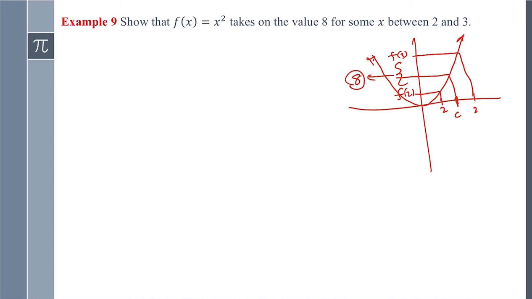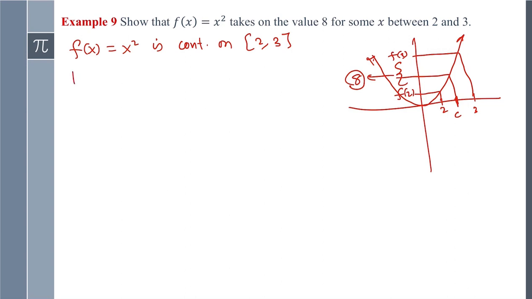So x squared is continuous in the interval 2 and 3. So f of x equals x squared is continuous on the closed interval 2 comma 3.